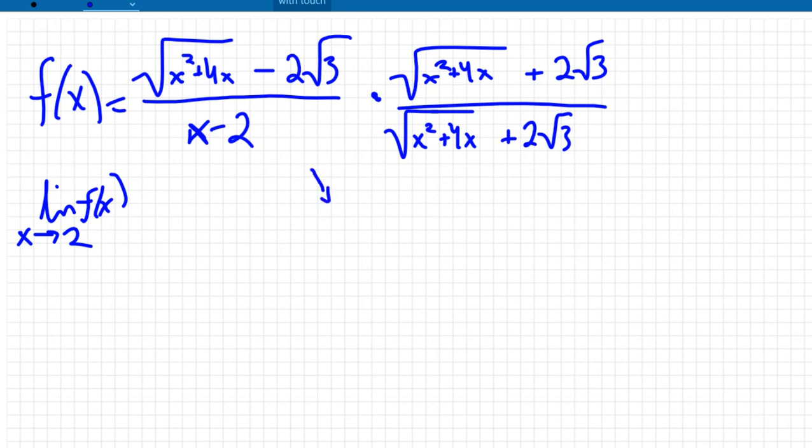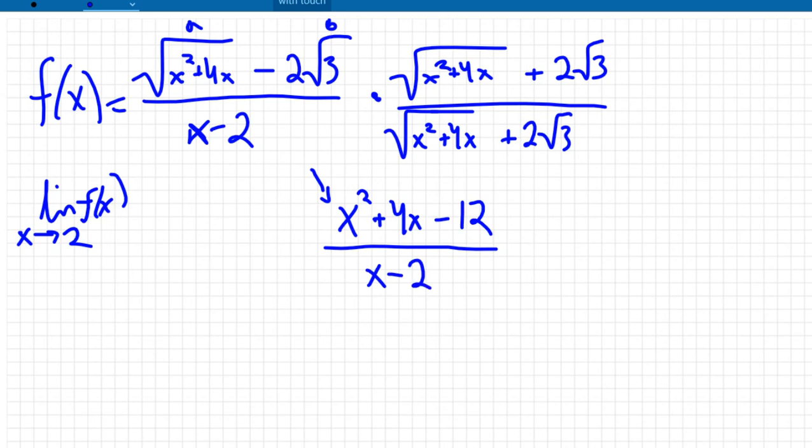So we multiply that out, skipping a few steps. We call the first term a and the second term b, and we get a squared minus b squared. So this gives us x squared plus 4x minus, and this is actually just root 12 squared, so minus 12, over x minus 2.